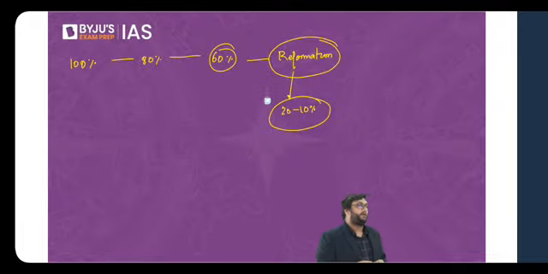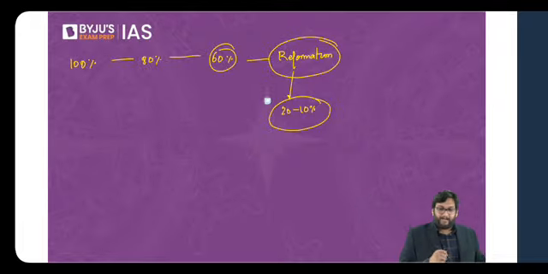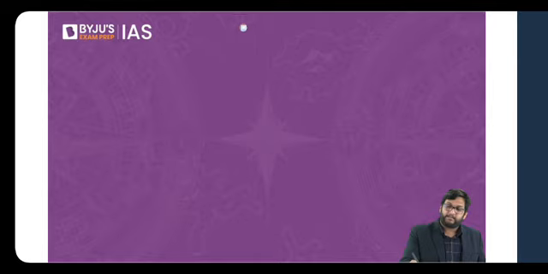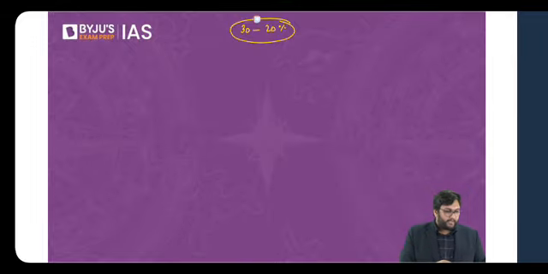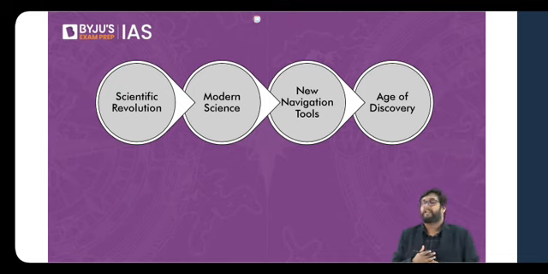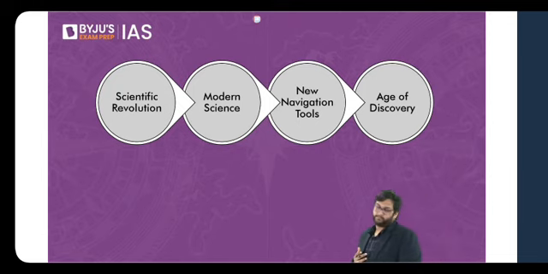Very good, sir. Okay. Now, because of the church authority being at 30 or 20%, this created the context for the next set of events which happened in Europe.